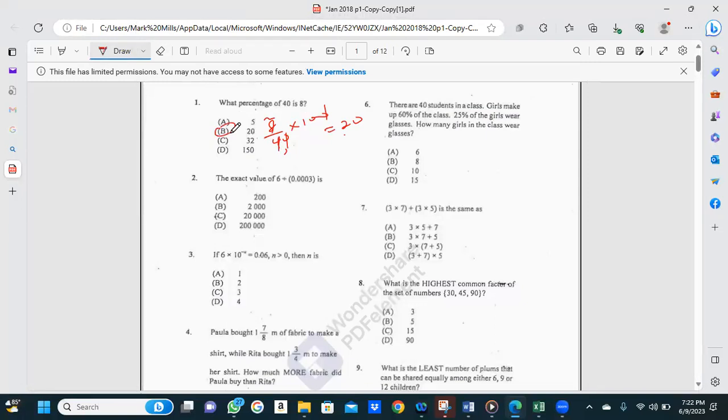Number 2, Stacey, why will I do this? So this is 6 divided by, now how will I represent this one here as a fraction? Anybody can tell me how do I present 0.003 as a fraction?